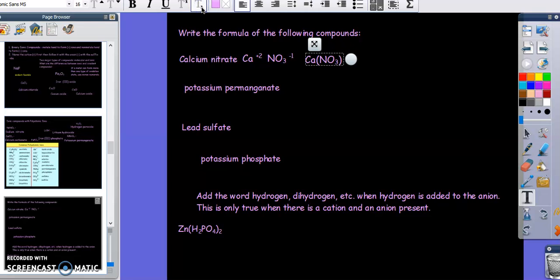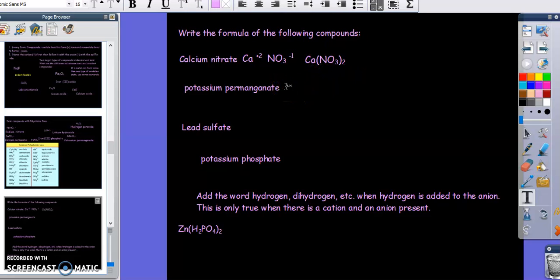What I've done is encapsulate the NO3 to show that it is one unit, a nitrogen and 3 oxygens, and it must stay together. And I'm going to put a 2 on the outside because that 2 came from calcium. I don't write the ones. Ones are understood.